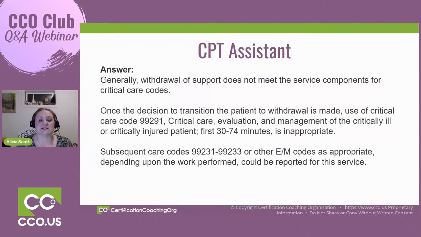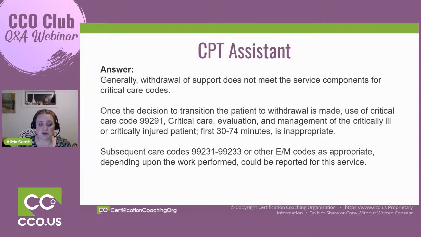The CPT states that when you have withdrawal of support, it does not mean the service components of critical care anymore, so you cannot use those codes at that time. Once that transition has been made to withdraw care for the patient, you don't use 99291.